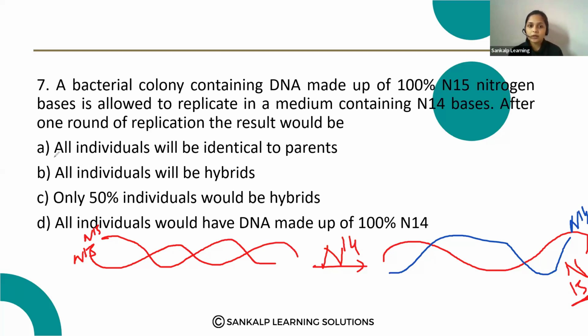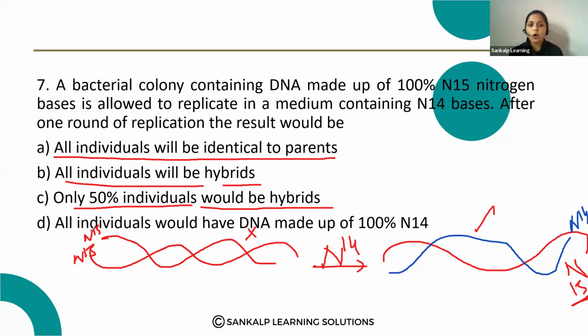Choose the option. All individuals will be identical to the parents. These are the new individuals, but these are not identical to the parents. All individuals will be hybrids. Only 50% individuals would be hybrids. All individuals would have DNA made up of 100% N14. This is not true.